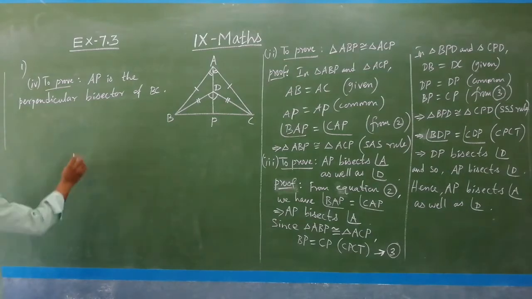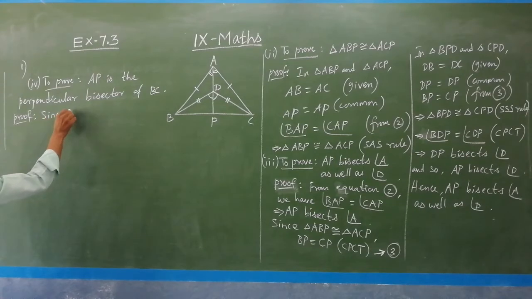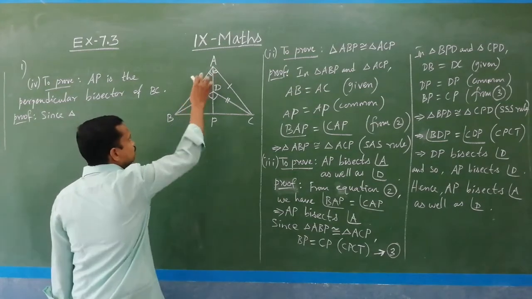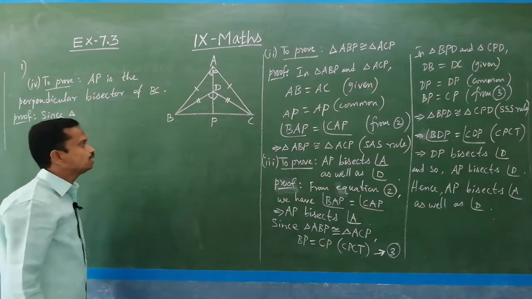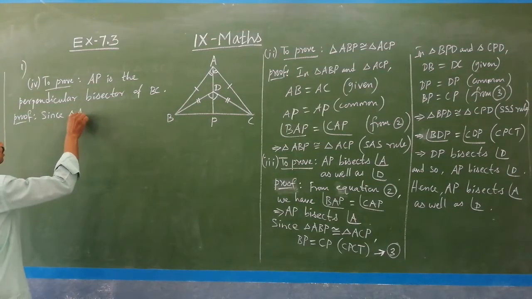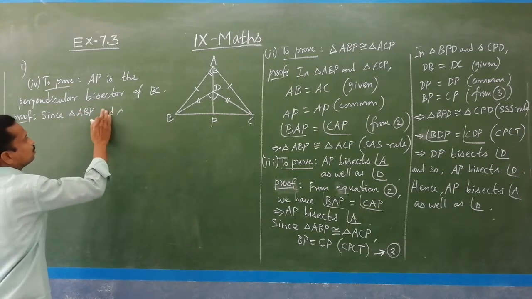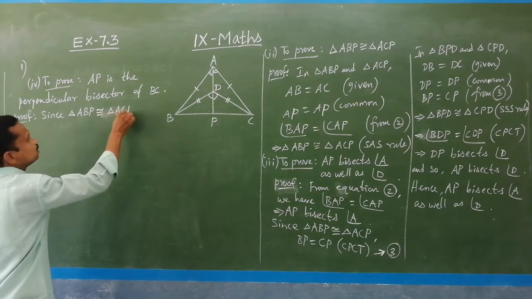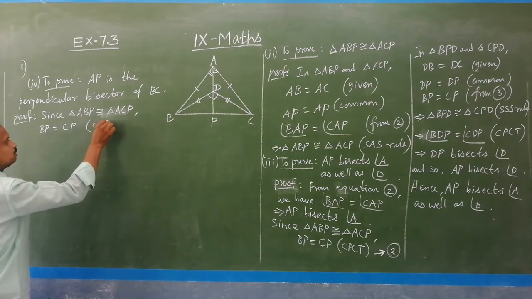So in the proof part we can take that since triangle ABP and ACP, because AP makes two triangles, ABP and ACP, are congruent, which we have already proved, we have BP equal to CP, that is also by CPCT.